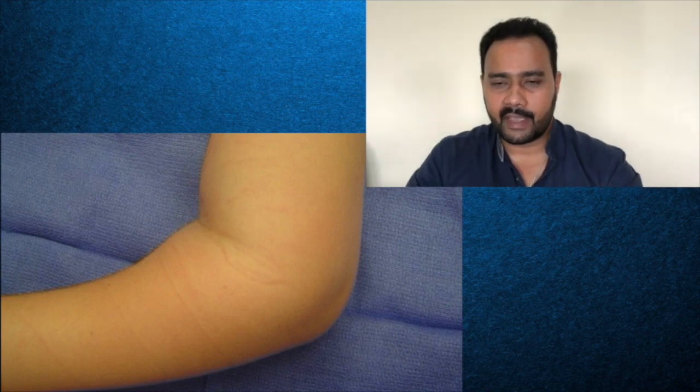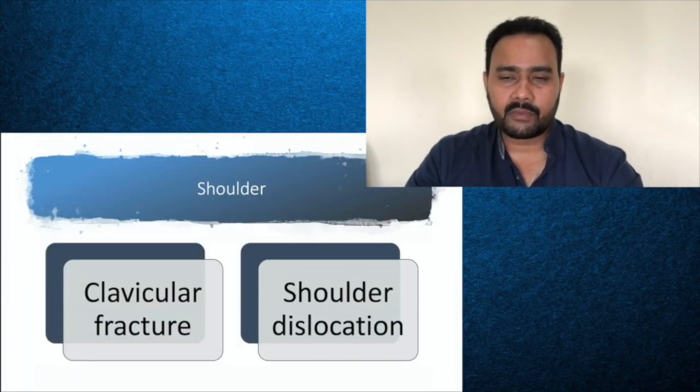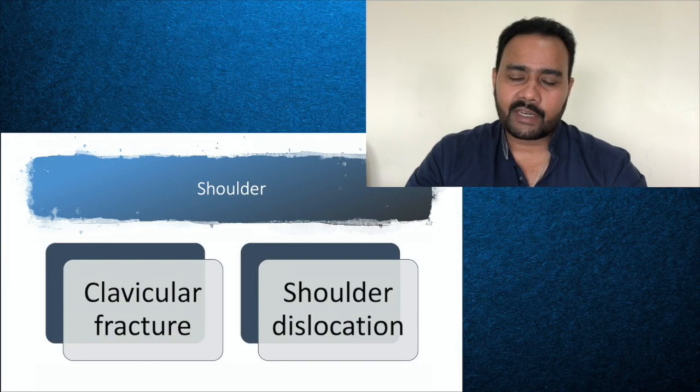Okay, so we divide the upper limb clinical anatomy into sections: the shoulder, then we discuss the arm, then the forearm and the wrist, as well as the hand. When it comes to the shoulder, we have to know about clavicular fracture, which is one of the common conditions around the shoulder.